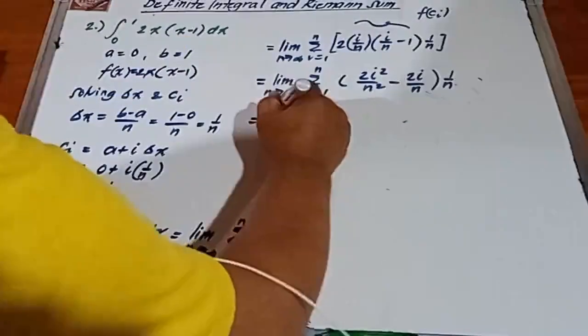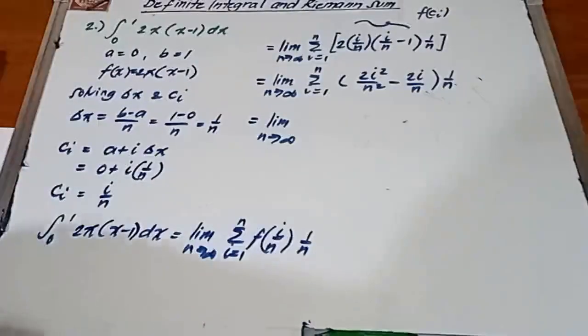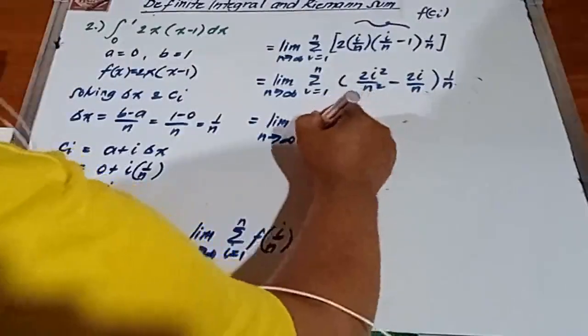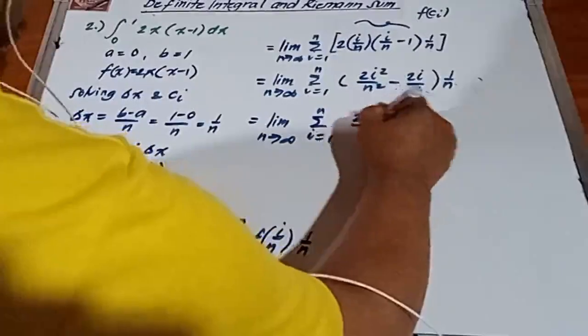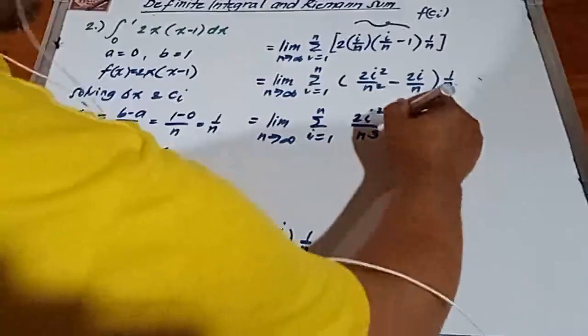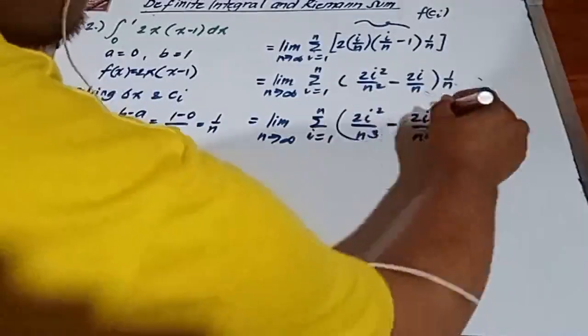Okay? Expand natin. We have limit of this. We have 2i squared over n cubed minus 2i over n squared.